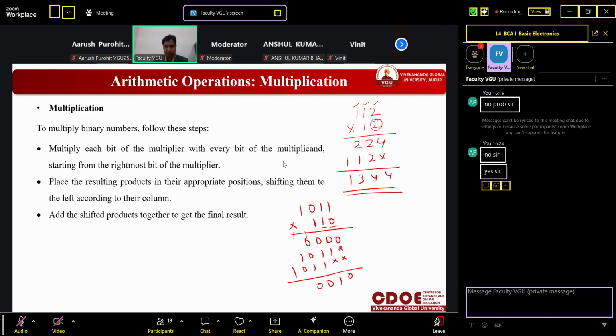Carry should be written at the top. 1, 1, 0, 1 carry, and 1, 1, 0, and 1 carry, and we will write it. Right? So this is the answer.